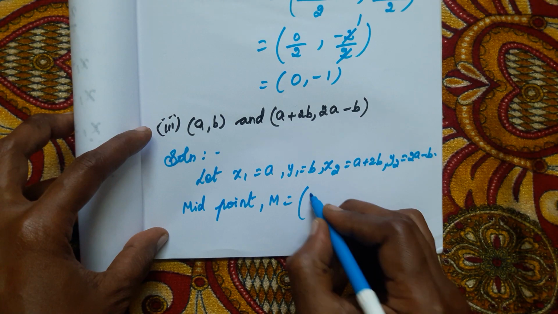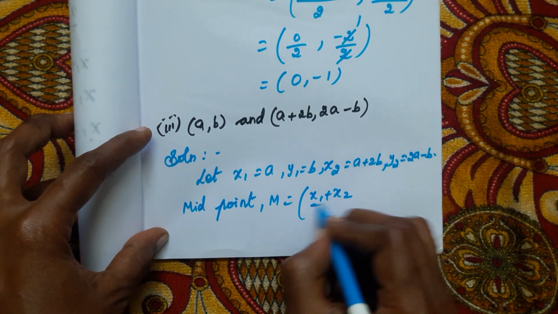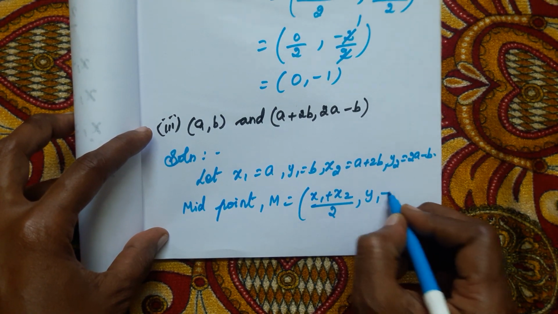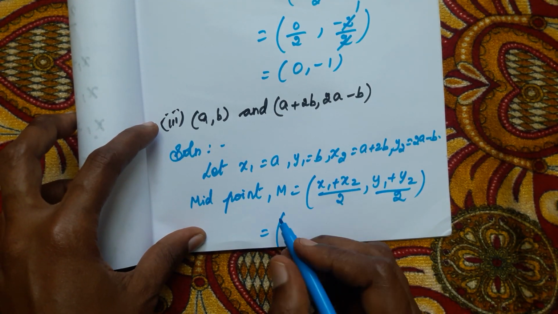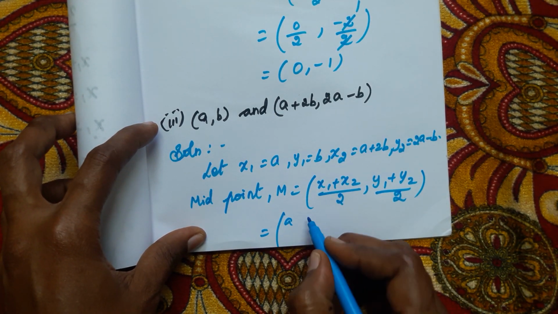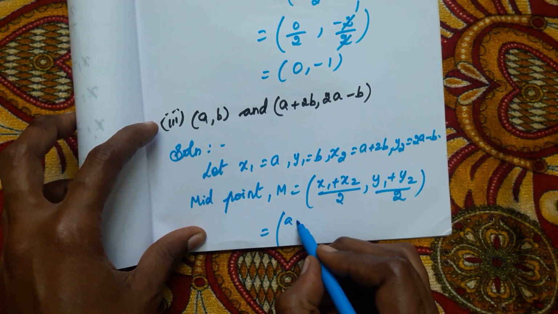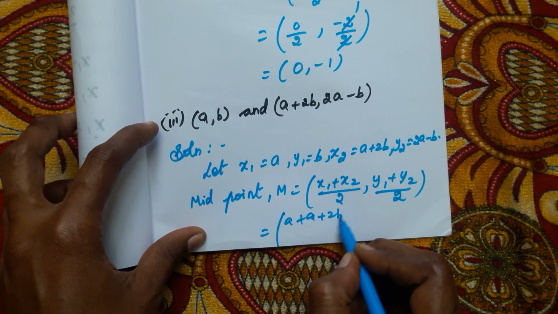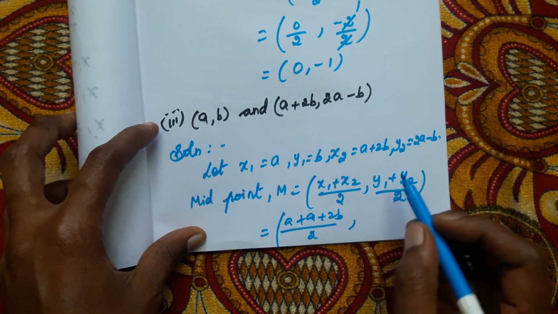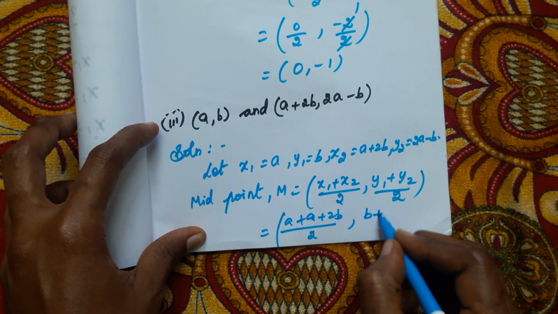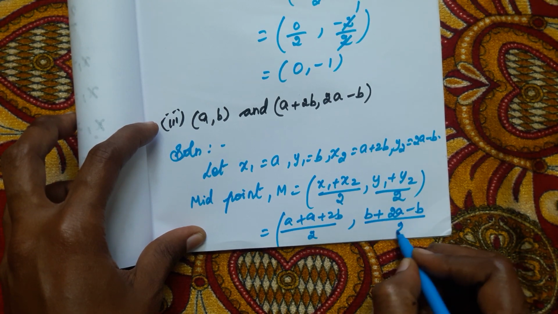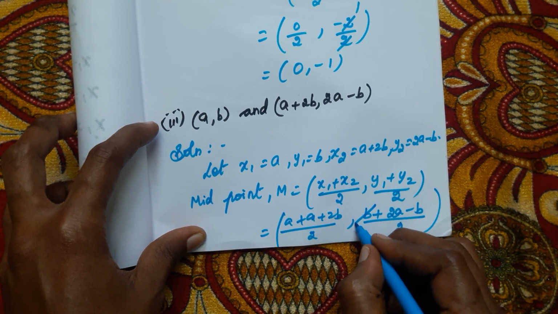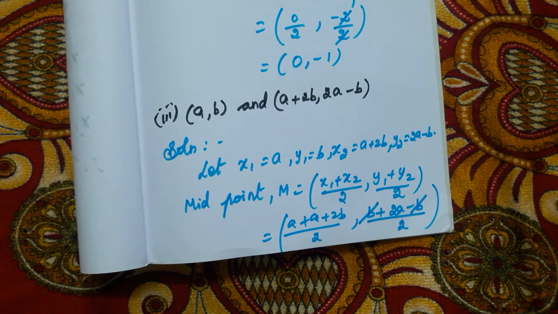M is equal to x1 plus x2 by 2, comma, y1 plus y2 by 2, is equal to x1 in place a. Next, x2 in place a plus 2b by 2, comma, y1 in place b plus y2 in place 2a minus b by 2. Here plus b minus b will be cancelled.